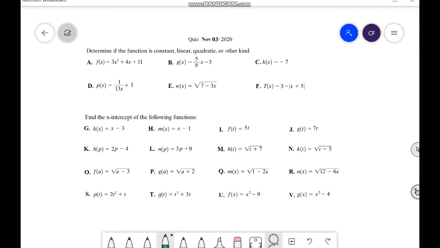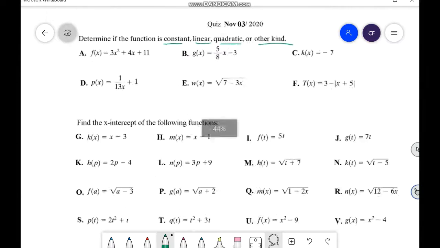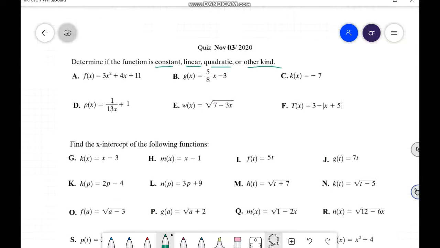On the quiz, today's quiz, I try to do this every day. I try to have a review and then the new topic. This is the review and this is the new topic. On the review, you have to determine which function is going to be constant, linear, quadratic or other kinds. The same thing that we've done yesterday. And we will have something like that on the test because it's kind of easy, right? Check the variable, only the variable.